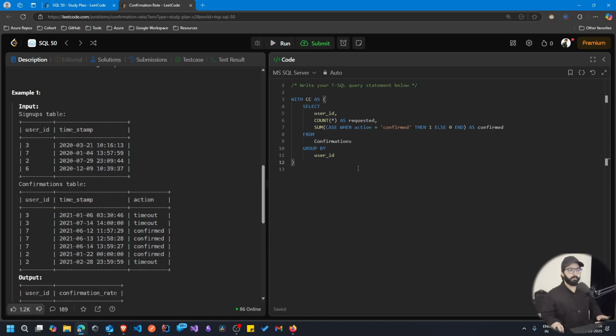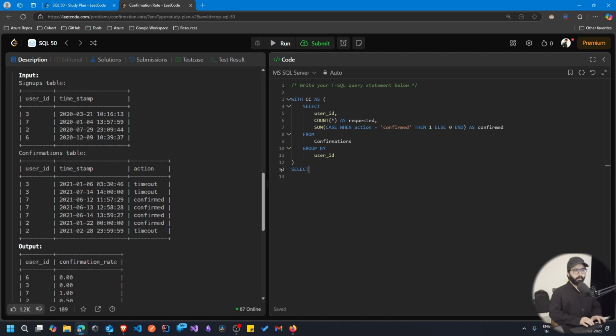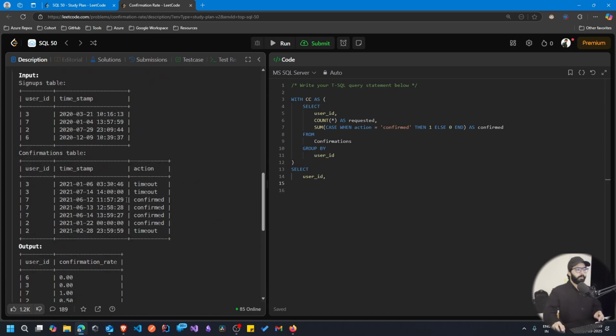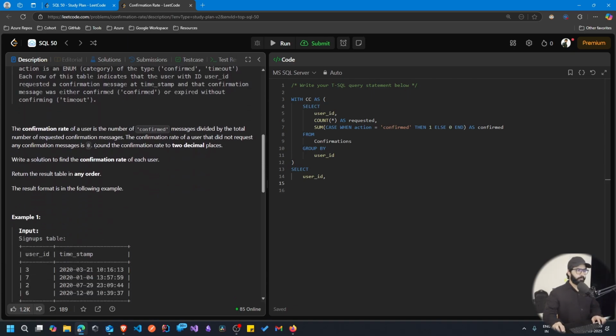Okay, so let's make it more readable syntax-wise. Now this is looking pretty good syntax-wise. Okay, so we have to select the user ID and we have to round the confirmation to 2 decimal places.